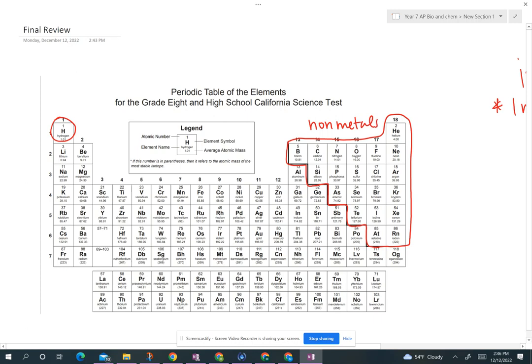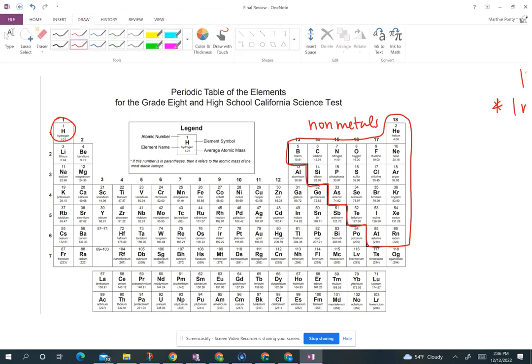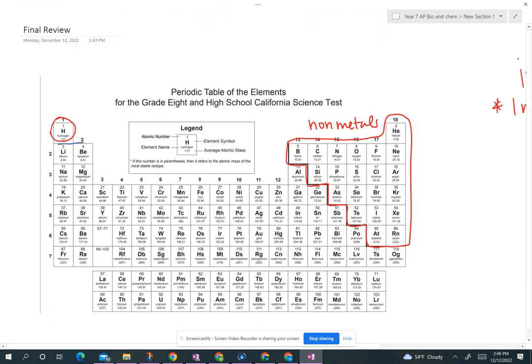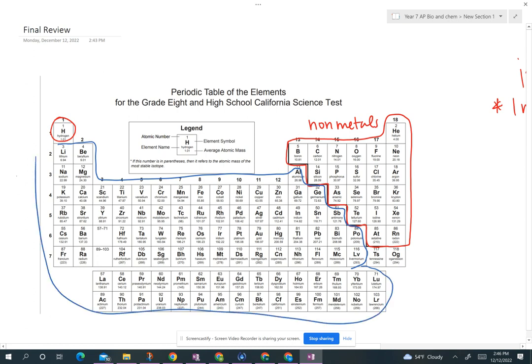A lot of them are gases, some of them are liquids, but they are all non-metals. And everything to the left of that, pretty much the rest of this table, these are going to be all of your metals.